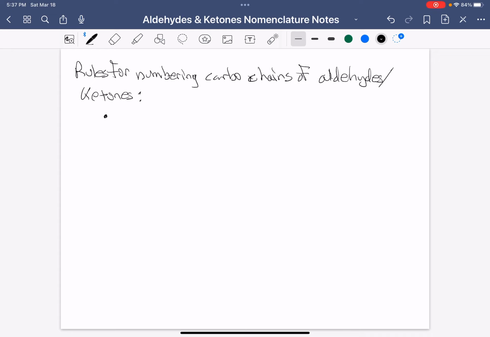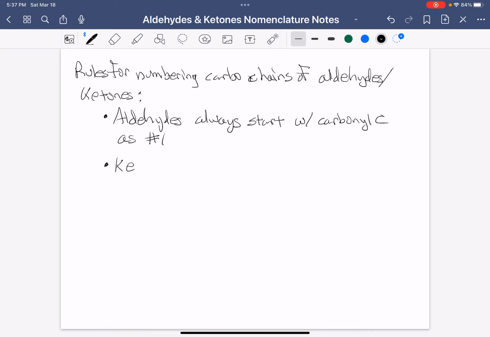The first rule is aldehydes always start with the carbonyl carbon as carbon 1. And then ketones start numbering at the end closest to the carbonyl.